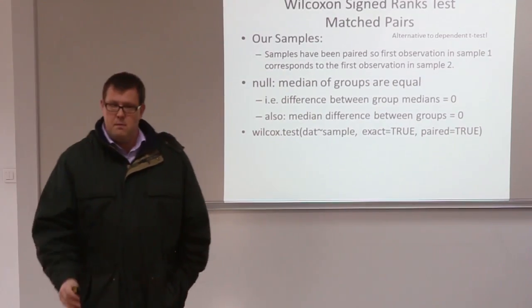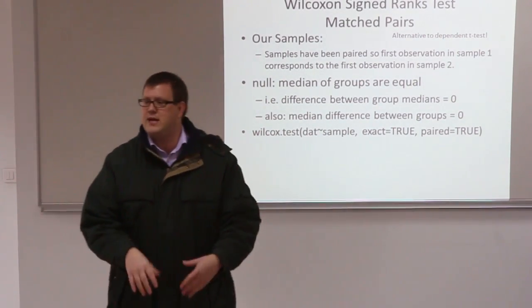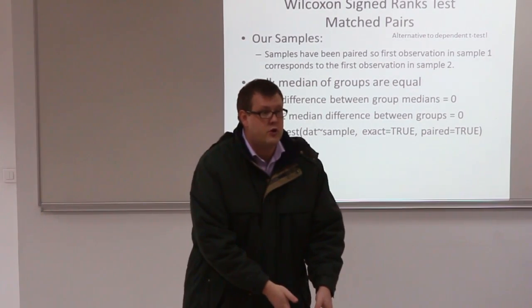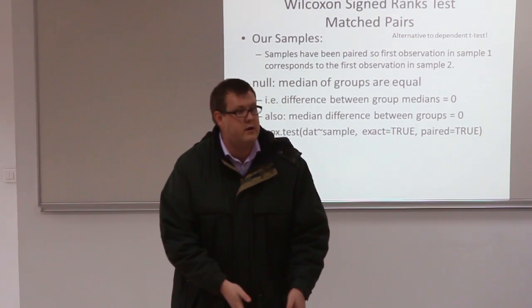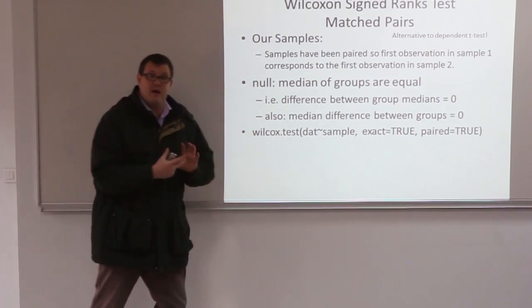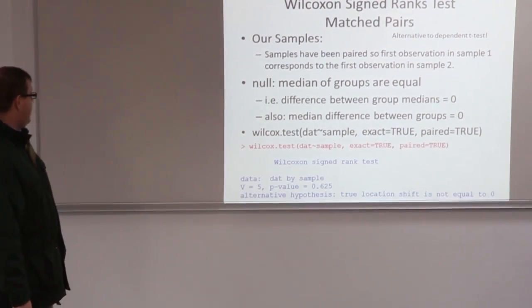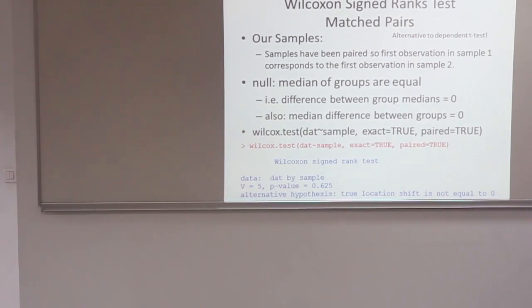Just like when we were doing a paired t-test, we said t.test, whatever we were testing, paired equals true. We're doing the same thing here to tell R that these are matched pairs. Okay, so we do that, and here are our results. Fail to reject.